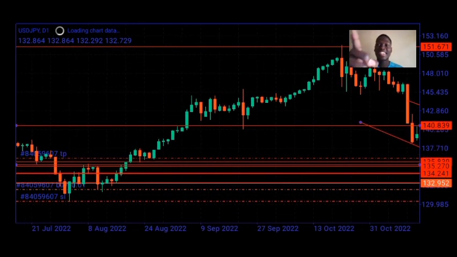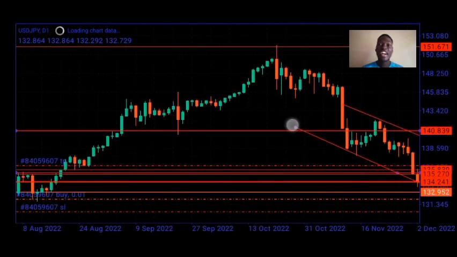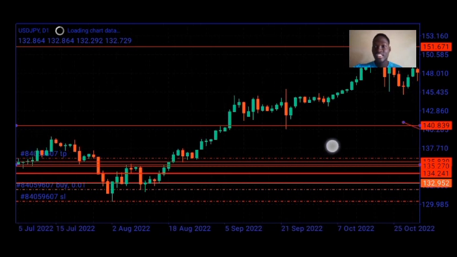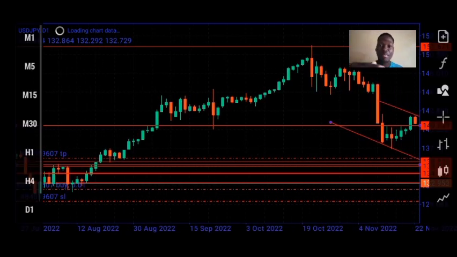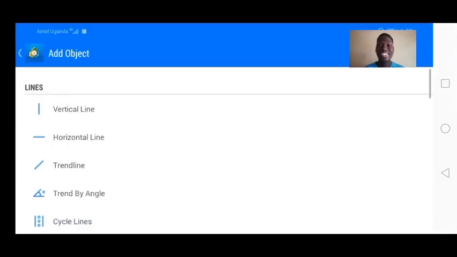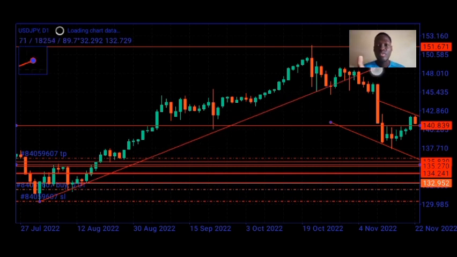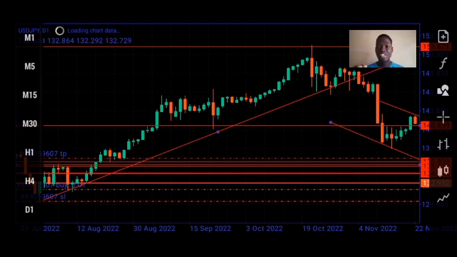This is what I want to show you here: the breakout scenario using a trend line. I get my trend line, place it here, move it all the way up to here. This is another scenario. We have our touches, 1, 2, 3, 4. Actually, we even have 4 touches now.